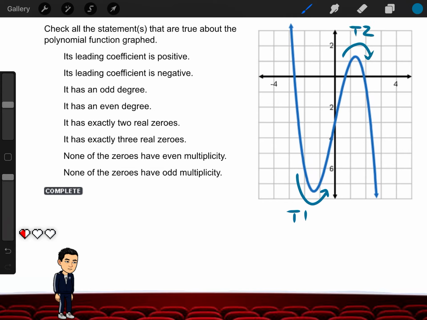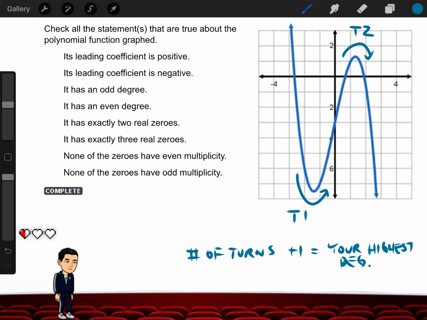So the number of turns plus 1 is going to be your highest degree. This is the easiest way to analyze it. Usually it's going to be that way, but sometimes it's going to have some hidden roots that you can't find.